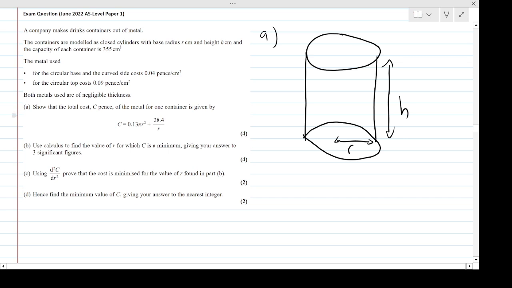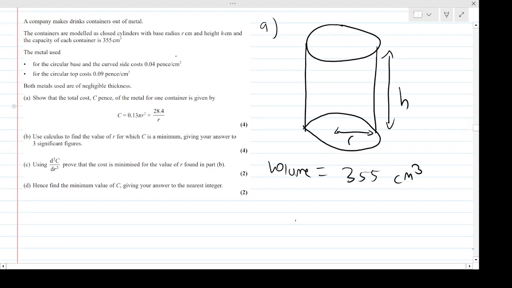And we're also told that the volume, the capacity, is 355 centimeters cubed, right? So that's the volume. Now, this bit is talking about the surface area, because it said the circular base, which is this shape down here, which is a circle. Doesn't look like one, but believe me, it is.